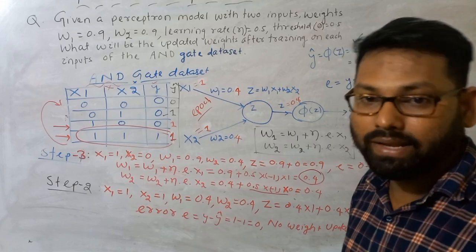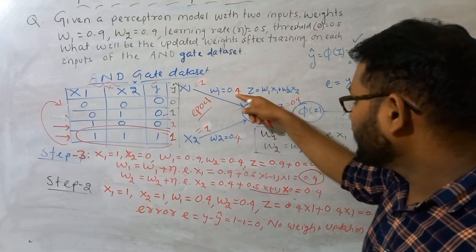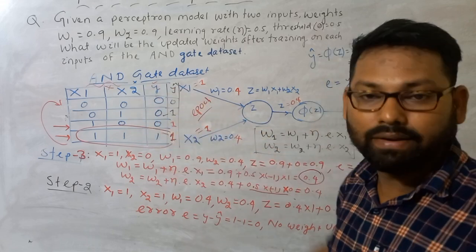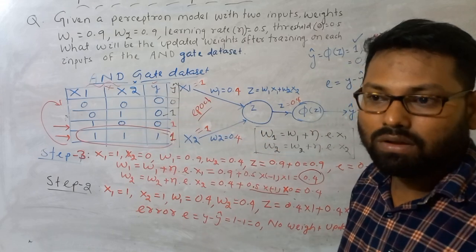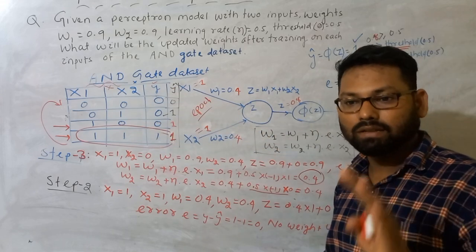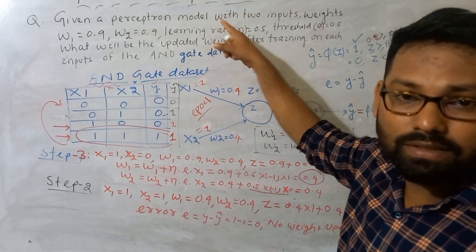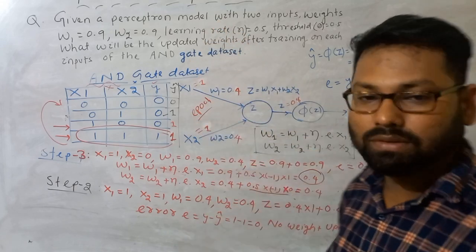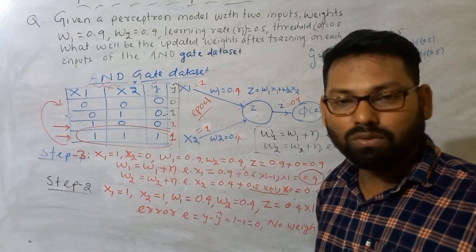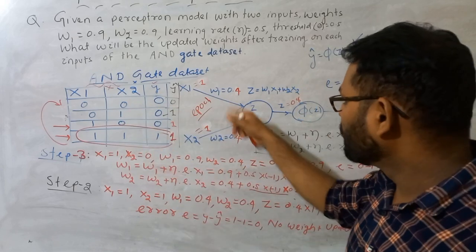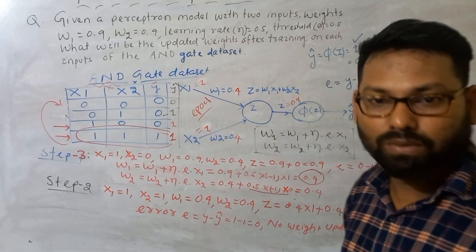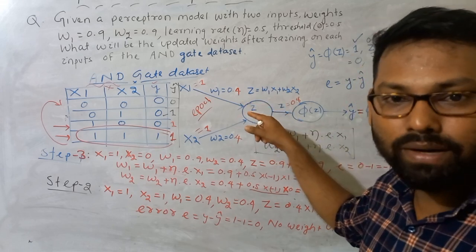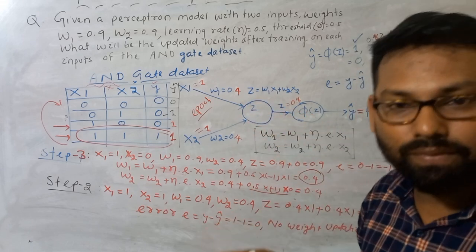Now we have to test whether these weights provide the perfect result. If they produce the perfect result, then we can say these weights are okay. For this question we have updated the weights for all the training samples and got 0.4, 0.4. Still we want to see whether these weights really predict perfectly.